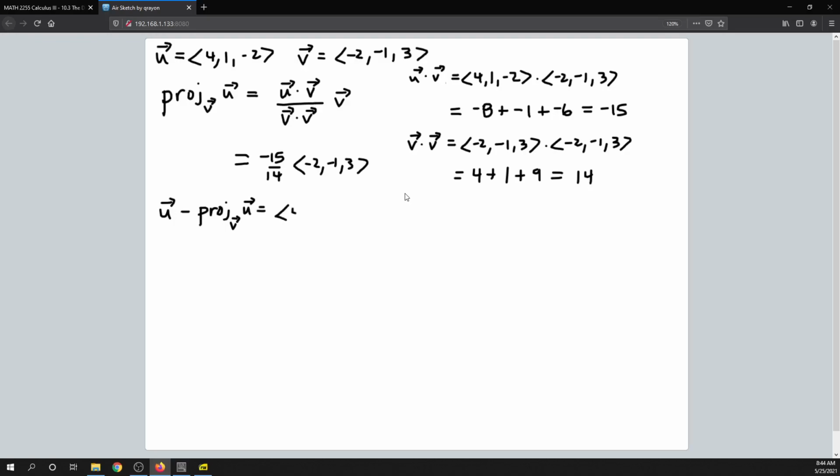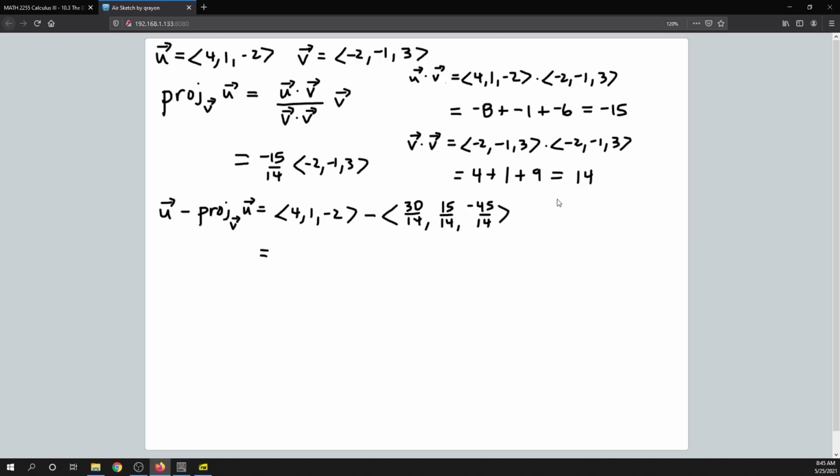So that is going to be 4, 1, -2 minus, and I forgot to multiply this out, so I'm going to go ahead and do that now. So that's going to be 30 fourteenths, 15 fourteenths, and negative 45 fourteenths. And I'll reduce that stuff later.